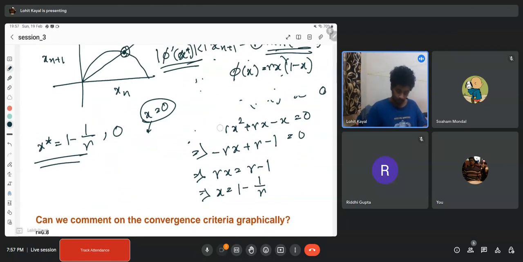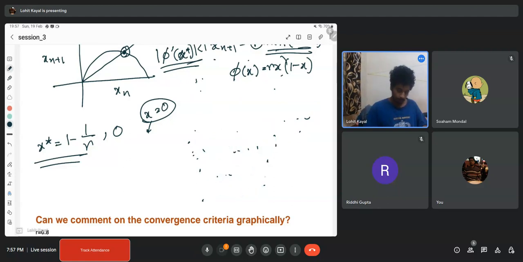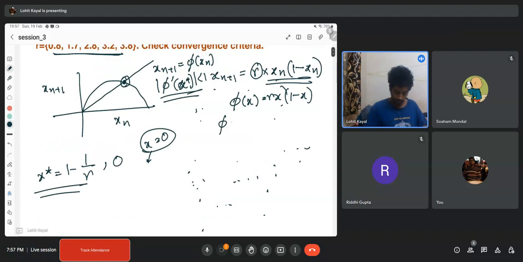We have already found our two roots: one is x equal to 0 and one is 1 minus 1 over r. Phi of x is already written. Now I need to find phi prime of x. It will be r into (1 minus 2x).